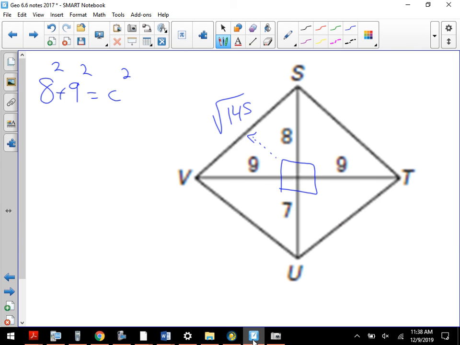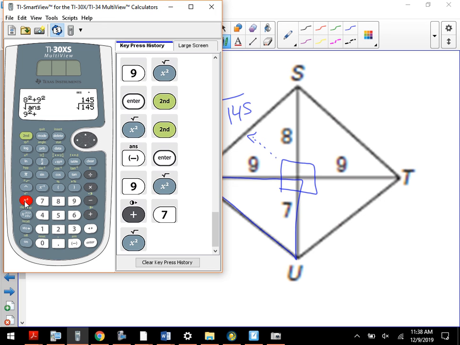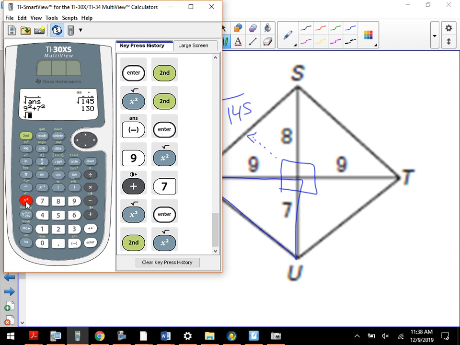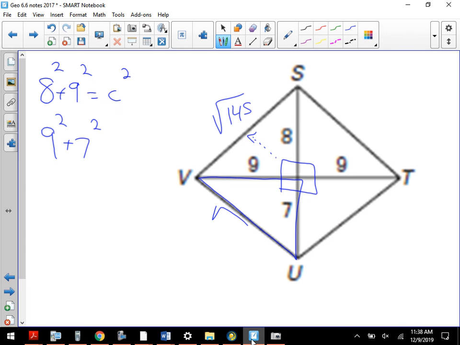You do the same thing for the other one down here. This time it would be 9 squared and 7 squared. Back to the calculator: 9 squared plus 7 squared, enter. Take the second square root of your answer, and it leaves it as the square root of 130, and that's fine. It does not need to give you a decimal.